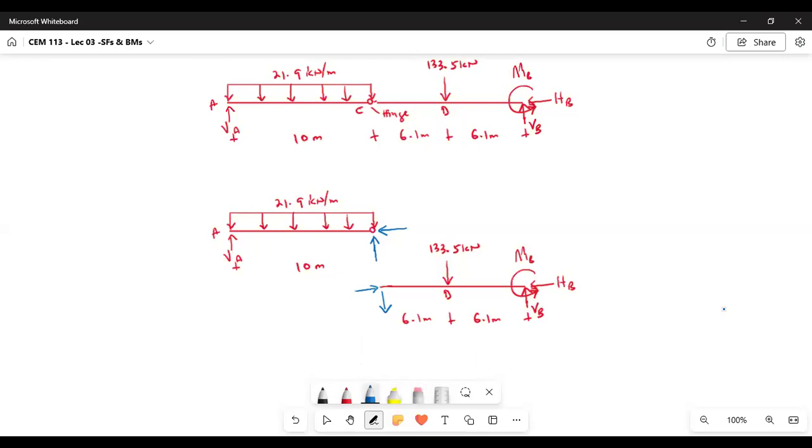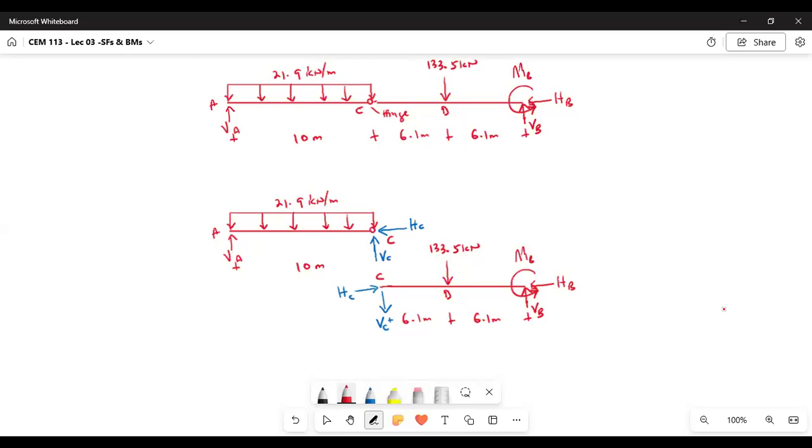Okay, so now this is point C. So this will be HC, and then this will be VC. This again is VC, and this one is HC. So as you can see, they are equal but opposite. That's all you should know. So this is point C, and this is also point C.